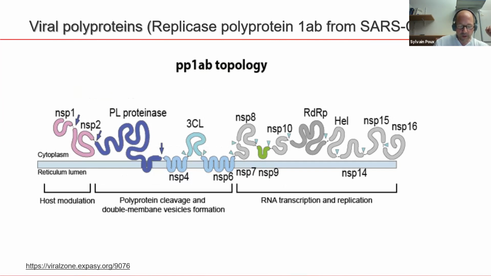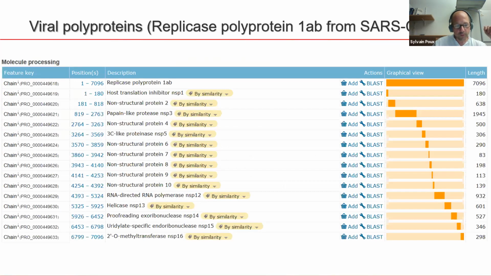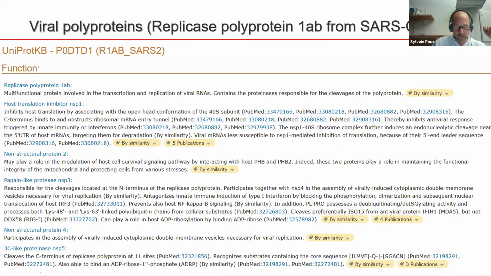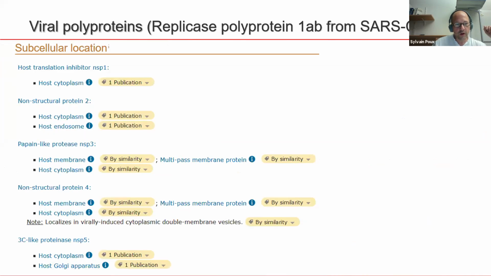This polyprotein 1ab precursor is subsequently cleaved into 15 different chains with completely different roles and localization. In UniProt, we display the different chains in the UniProt entry and describe the function of each chain in separate annotation fields, such as function or subcellular location.